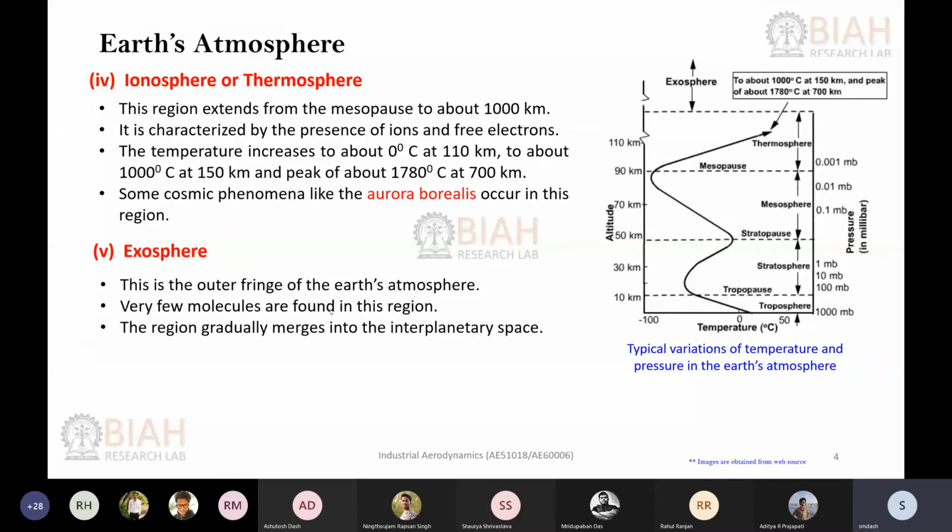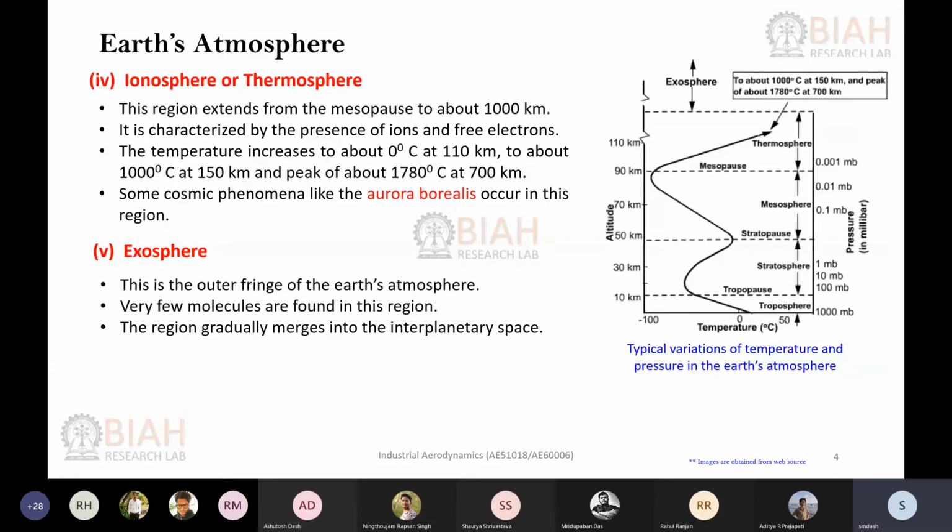Beyond the thermosphere you start to observe the exosphere, the outermost layer of the Earth, which gradually merges into interplanetary space, the vacuum. In the exosphere you will see just very few molecules of air. So this is the overall atmospheric structure.